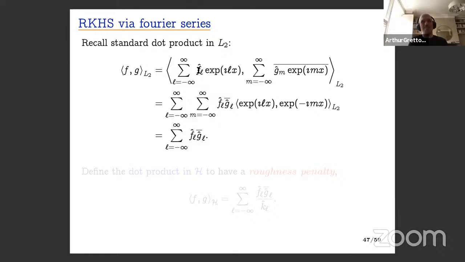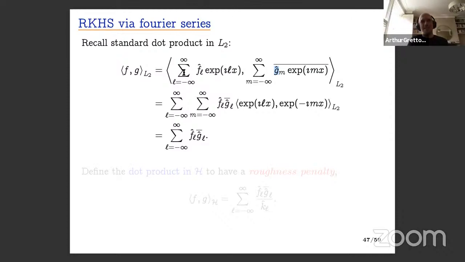So this is to say that my function can be written as a sum of coefficients f hat L and these complex exponentials, so cosines and sines. And now I've got my same representation for my function g. Now recall that because I'm taking a dot product in a complex space, I need to switch the sign of this i here. If this is complex, I need to switch the sign of the complex part.